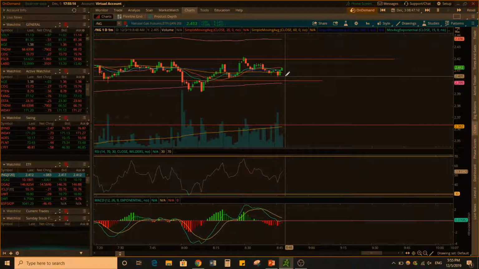I don't know how long this is gonna take. I'm not sure if I'll take a position today. NG seems to be moving quite slowly, so no guarantees is what I'm trying to say. Let's see if it'll keep going to its previous resistance.